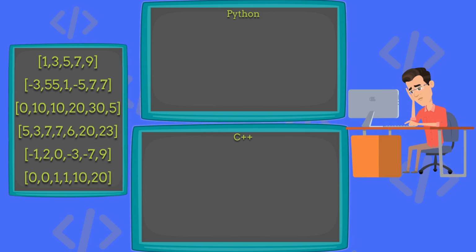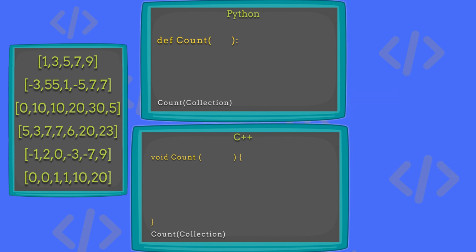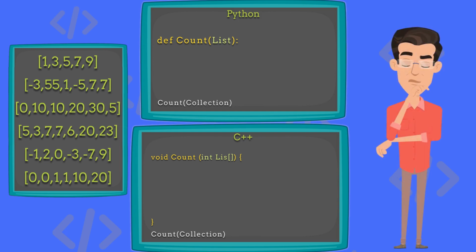Let's start by declaring the function with a good name. Then let's specify a parameter. Since we need to receive a single collection for the task, we will need only one parameter. Now we can receive a collection, but how do we deal with it?